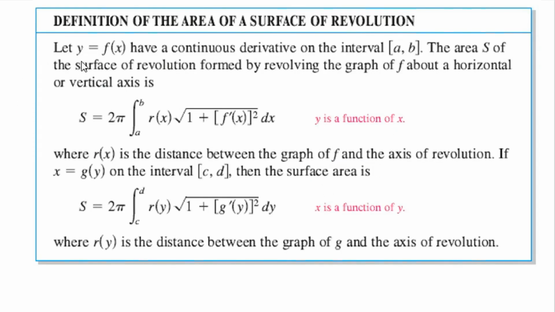So let y equal f of x have a continuous derivative on the interval a, b. The area S of the surface of revolution formed by revolving the graph of f about a horizontal or vertical axis is S equal to 2 pi times the integral of r of x times the square root of 1 plus the square of the derivative of f of x dx from a to b.